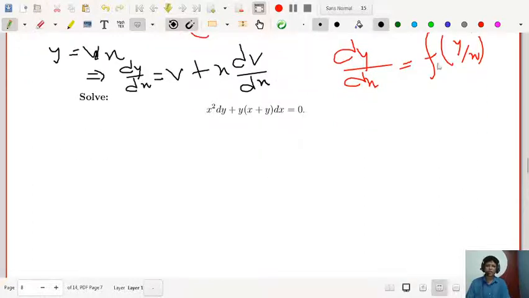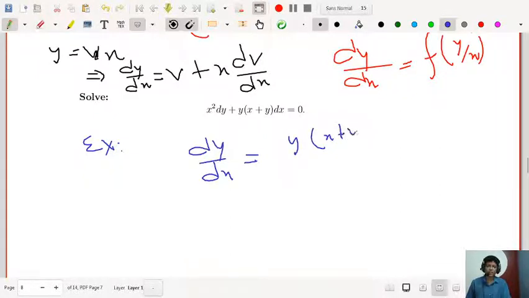Let me give you one example on that. Example: x² dy plus y... so let me write dy/dx equal to minus y(x + y)/x².